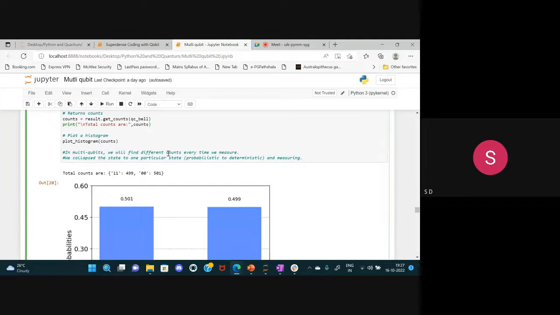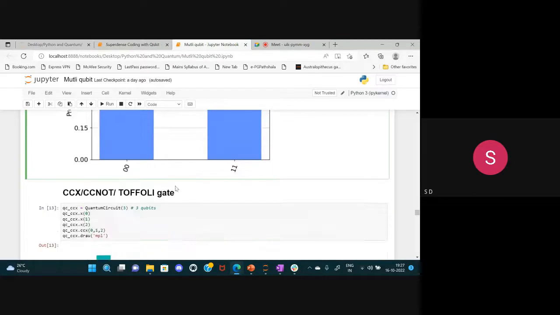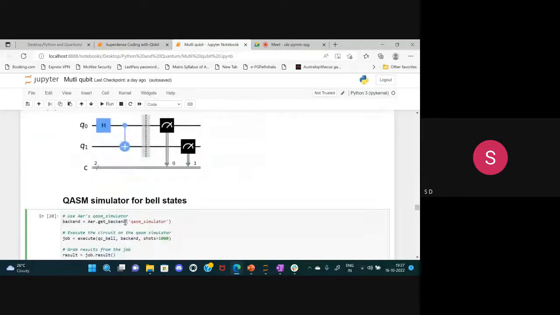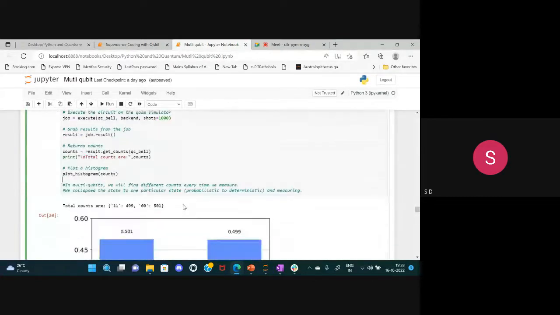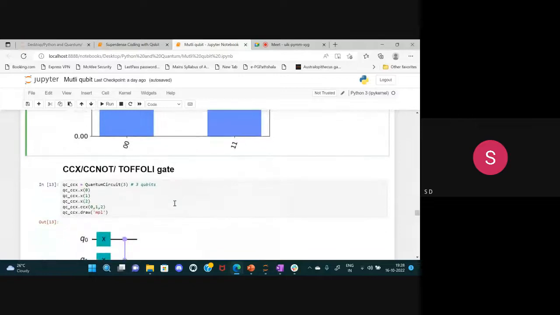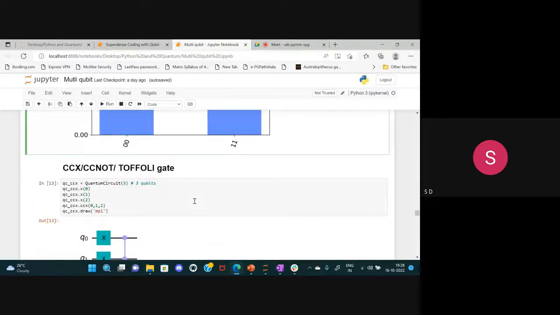If you run the circuit again, these values might change. So why do we keep running the circuit multiple times? When I share this Jupyter notebook, you can run this code and see the random outputs.